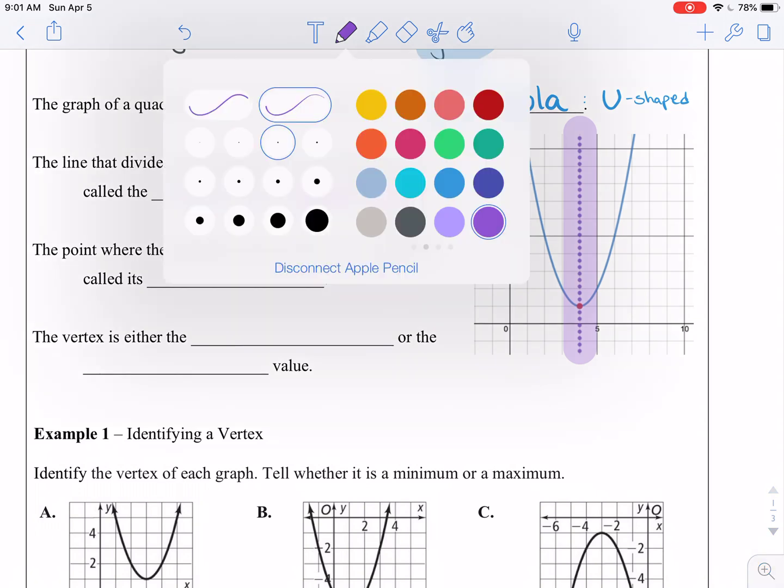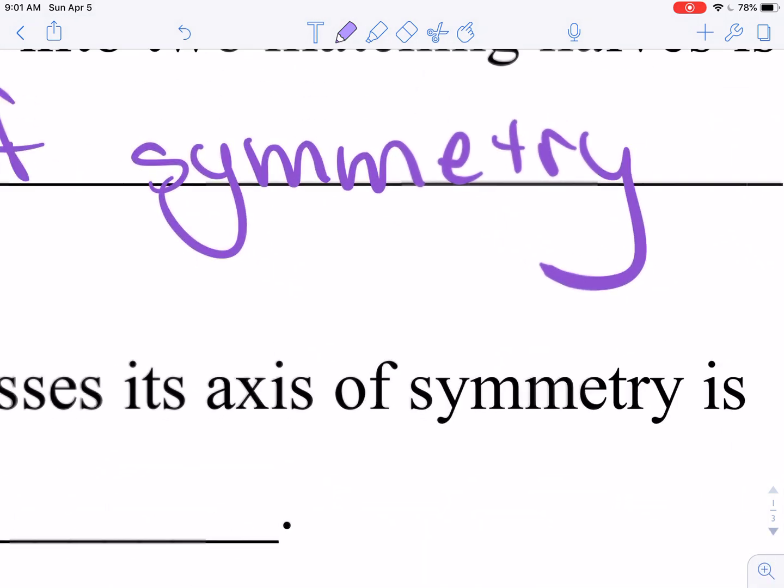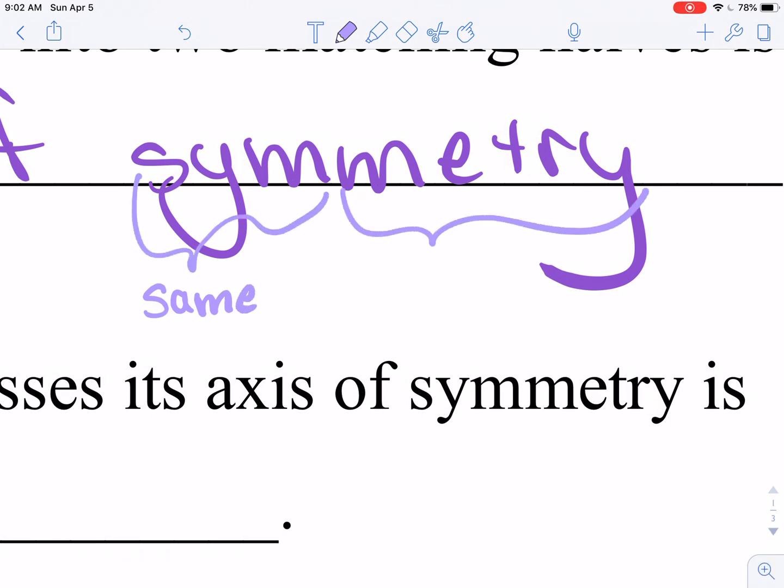It's called symmetry because sym means same, and metry means measure. Just like a thermometer measures temperature, symmetry is measuring the same.